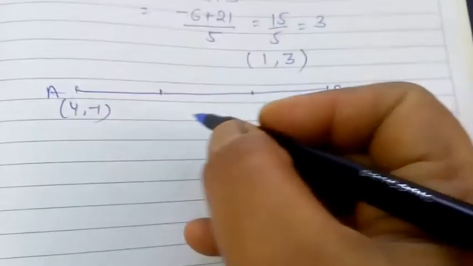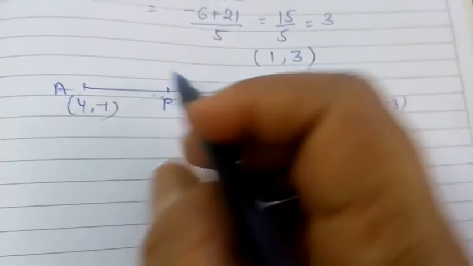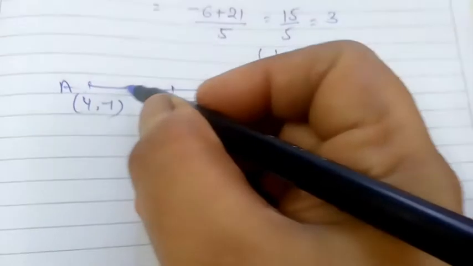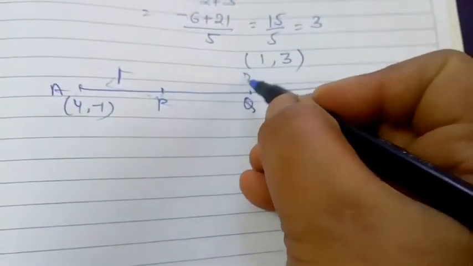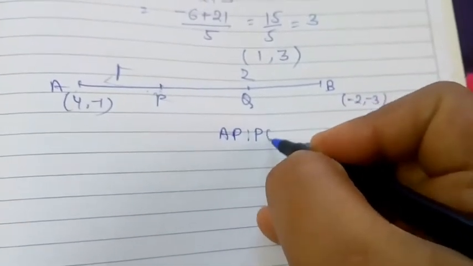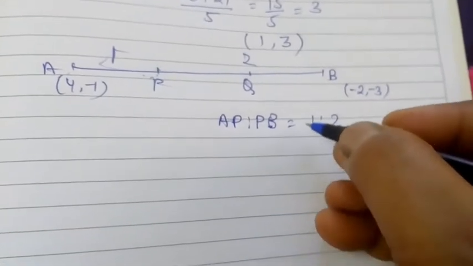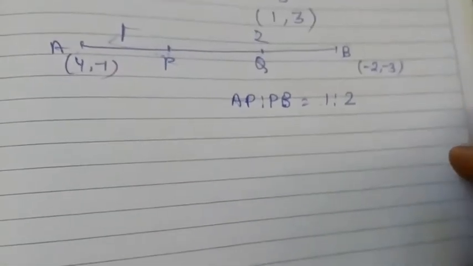Let the points be P and Q. Then AP is to PB is the ratio 1:2. It means m1 equals 1 and m2 equals 2.